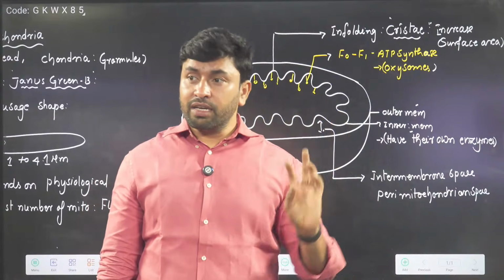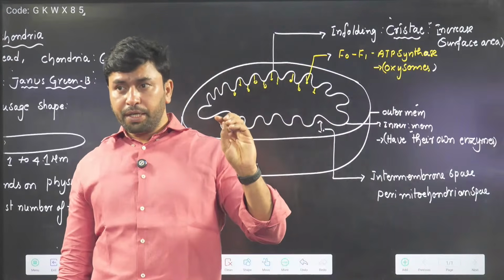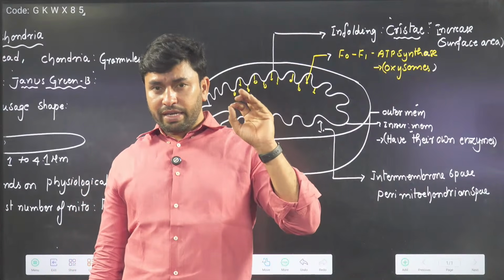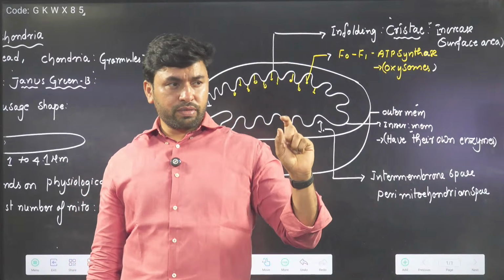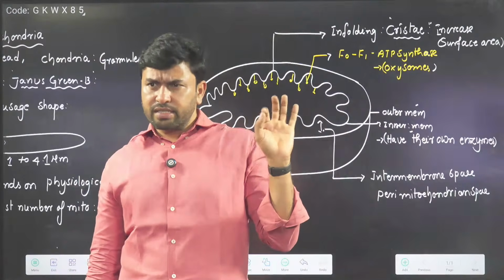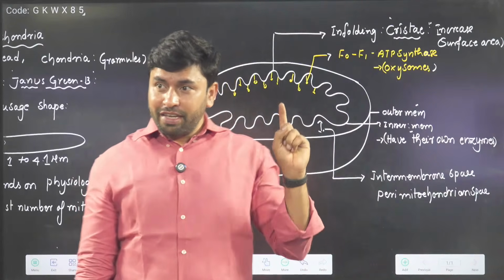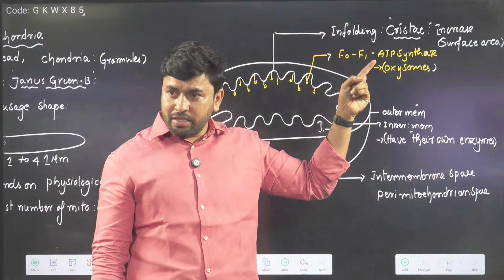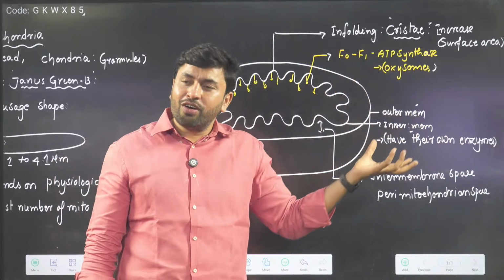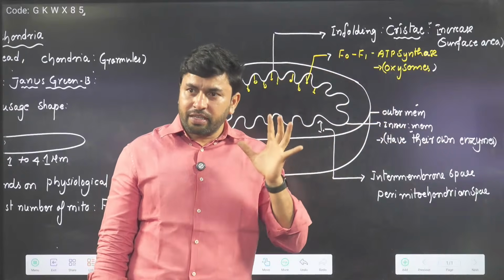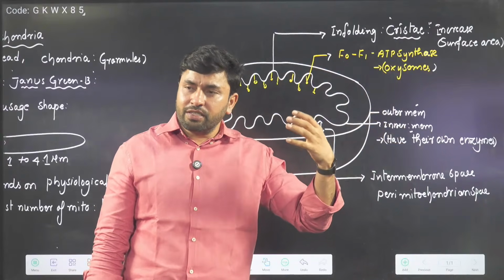That is F0, F1 ATP synthase. Later you will learn there is one enzyme called cytochrome C oxidase. Exactly, this is the one that consumes oxygen. But if F0, F1 ATP synthase is working, then only oxygen will be consumed and aerobic respiration will continue. Otherwise, all the events will stop.